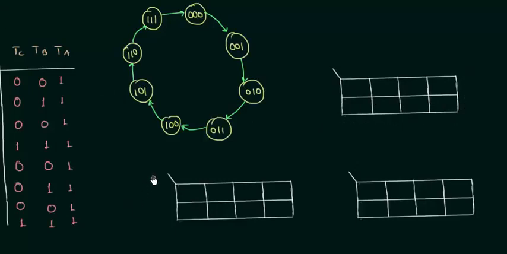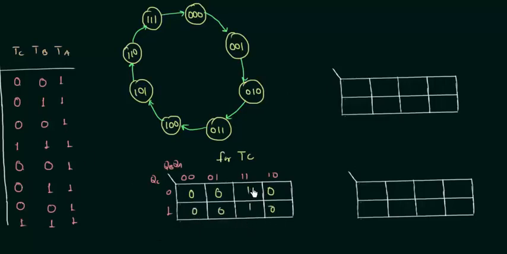The inputs are QC, QB, QA, 0 0 0 1 1 1 1 0, and this is for TC. TC is 0 0 0 1 for the first 4 cases, and for the last 4 cases it is again 0 0 0 1.